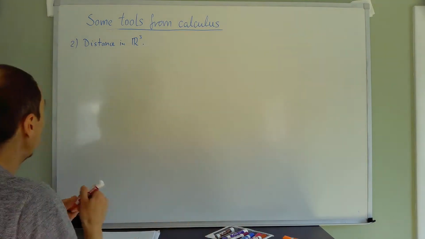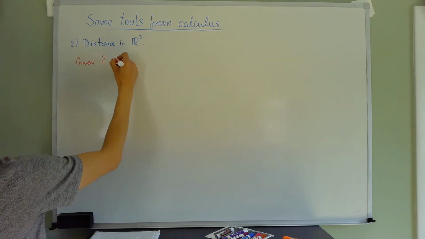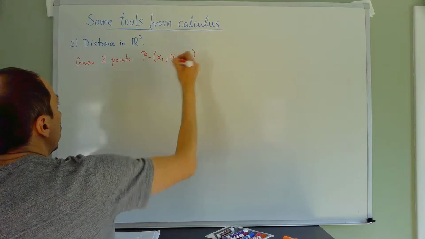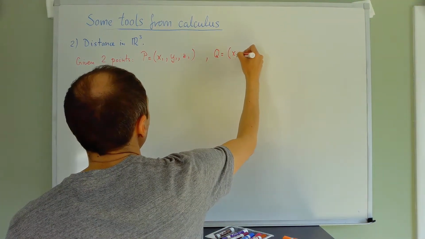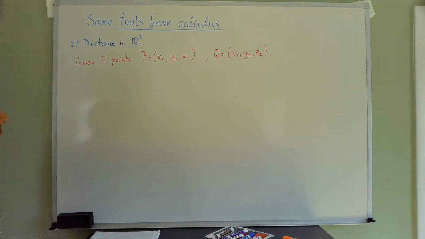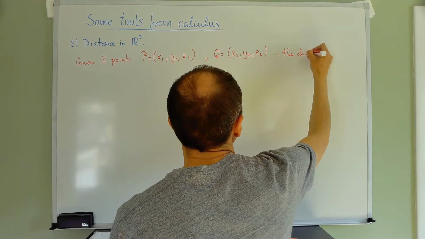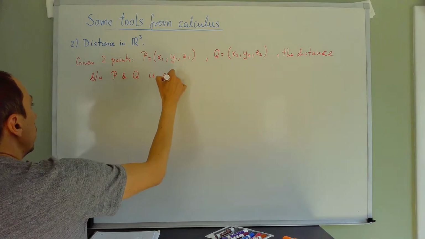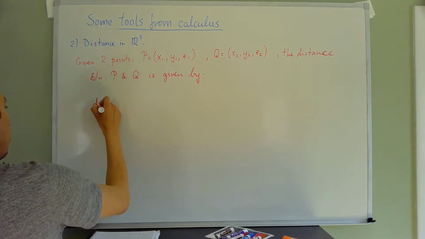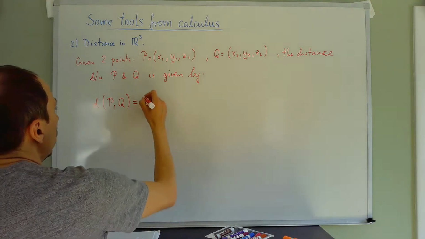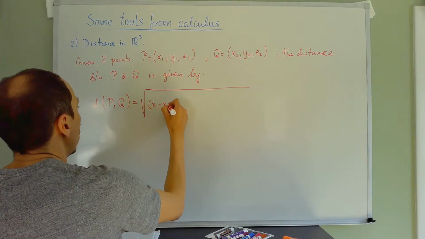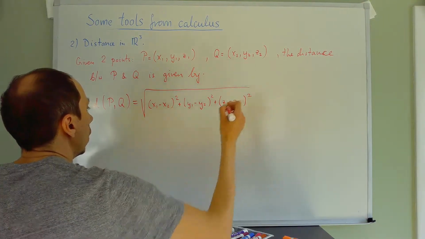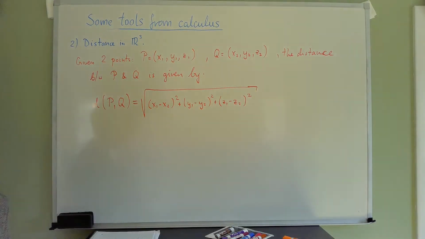Given two points, P equal to x1, y1, z1, and Q, whose Cartesian coordinates are x2, y2, z2, the distance between P and Q is given by the square root of... It essentially just follows from the Pythagorean theorem.